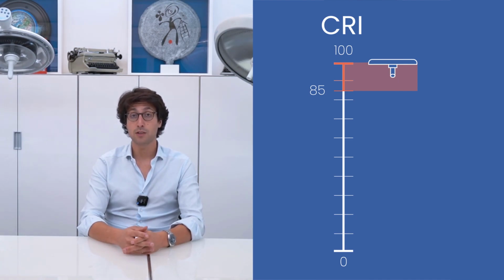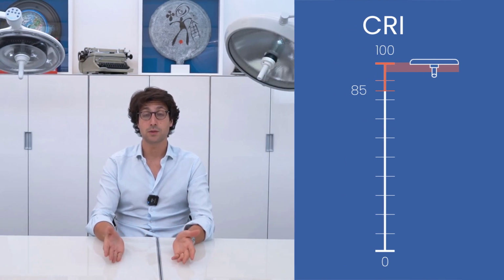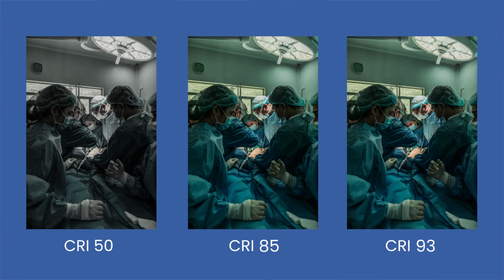Nonetheless, manufacturers of operating room lamps tend to produce lamps with color rendering values much more inclined to 100 than to 85. Research indicates that the human eye can only detect values below 85, implying limited perception beyond this threshold. There are rarely any practical situations where color rendering values exceeding 90 are required.